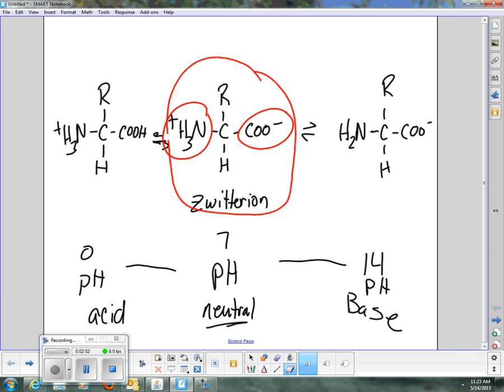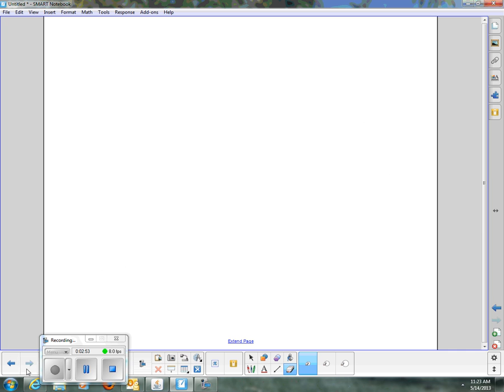So because of that, because the sulfur is on the R strand, as you're looking at it, you've got your C, your NH2, your COOH, and you've got a carbon attached to that, and then your sulfur.